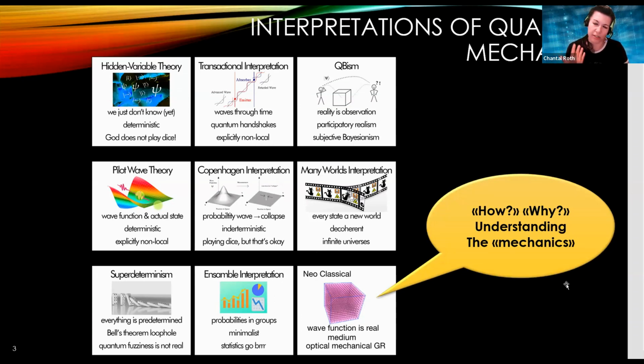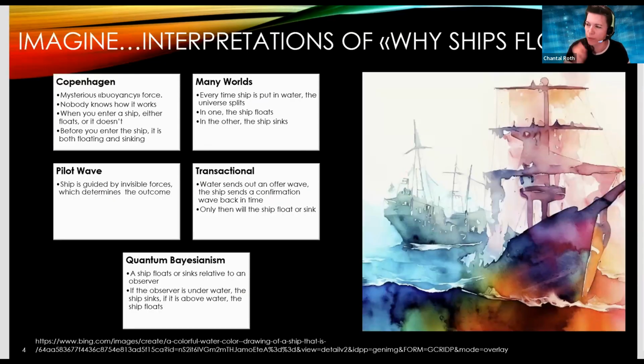Now for us, it's normal these days to talk about all these interpretations, but imagine if we talked like this about ships. I just had a discussion on the forum the other day about this, so that's why I thought I would bring it up. Imagine we didn't know how ships work. Let's say we just had the formula and we didn't know why they float, and we had all these interpretations.